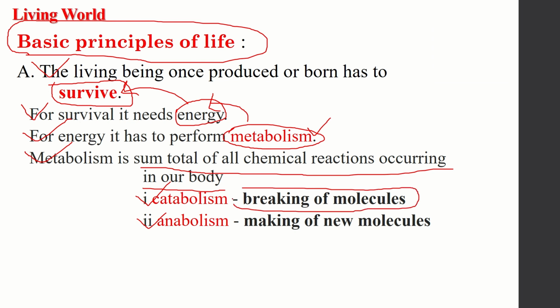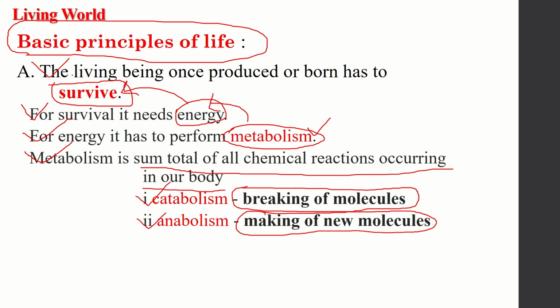And anabolism means again making new molecules. So catabolism is followed by anabolism, and anabolism is then followed by catabolism, like this. That is the continuous metabolism process that takes place in the body of the living being, and from that metabolism energy is produced, and that energy is useful for the survival of animals, plants or microorganisms.